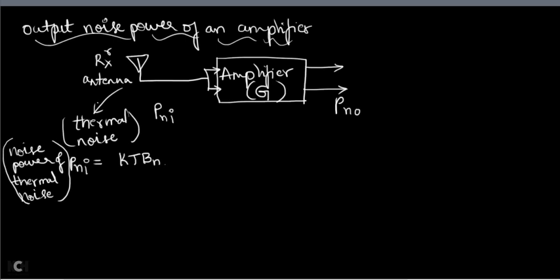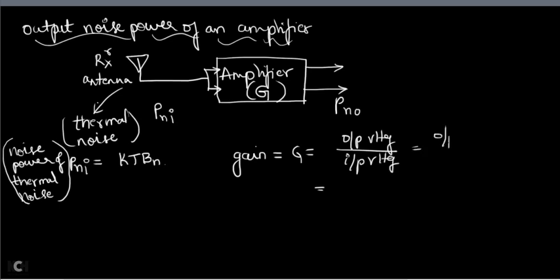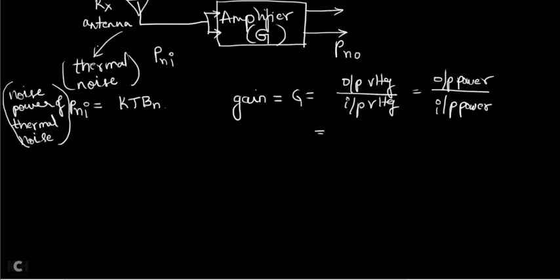Let me write it down now. Gain of the amplifier, capital G, is given by output voltage divided by input voltage. Instead of voltage, I can also write it as power: output power divided by input power. Output power can be signal power or noise power.